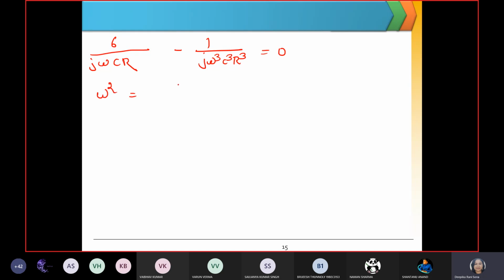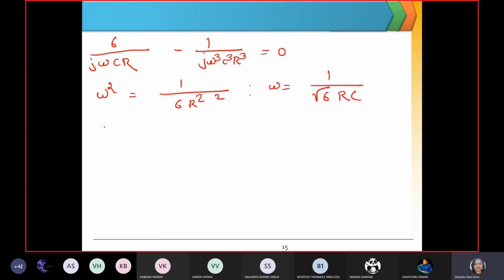Omega square we will get 1 by 6 R square C square. So what is the value of omega? Omega is the square root of this value, right? 1 by square root of 6 RC.